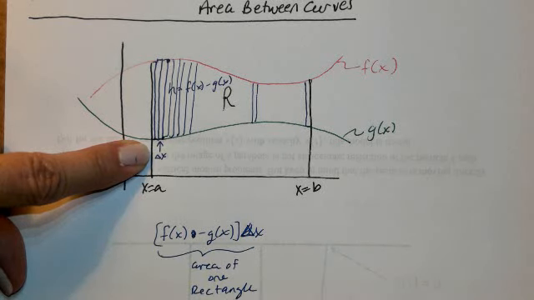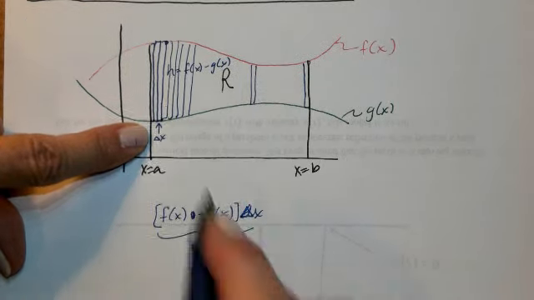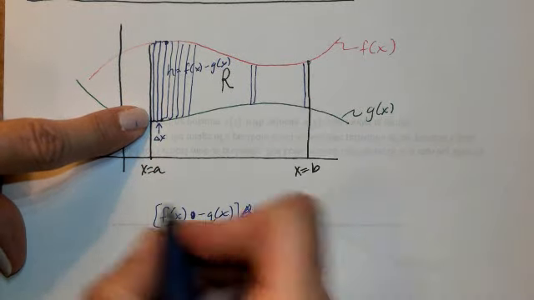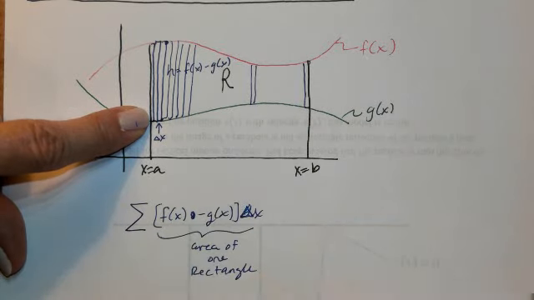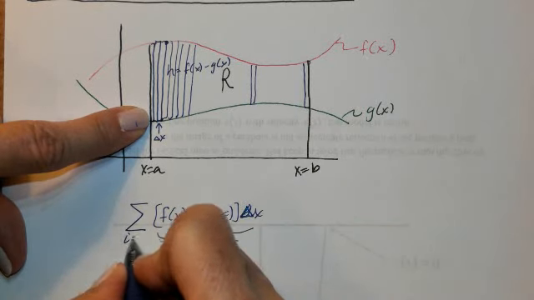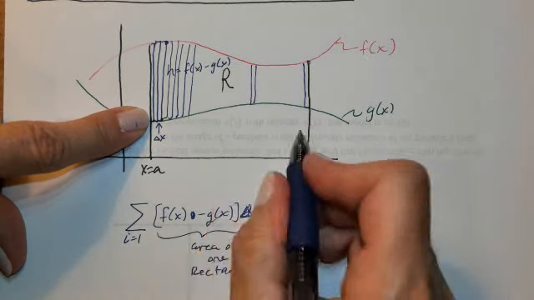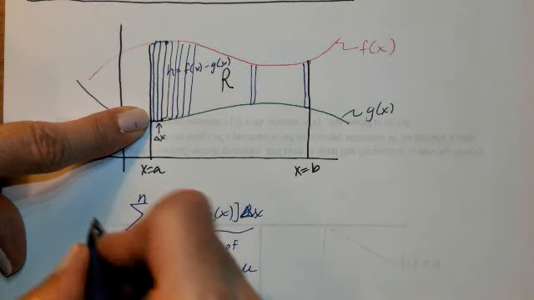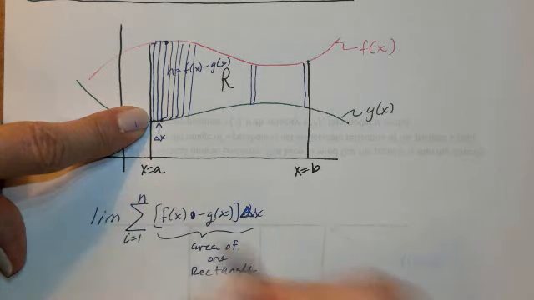Right? Well, we want the area of all of the rectangles. We want to add them up, right? What do we do when we add them up? We sum them up. We add them up from the first rectangle to the nth rectangle, however many rectangles there are, and then we what do?